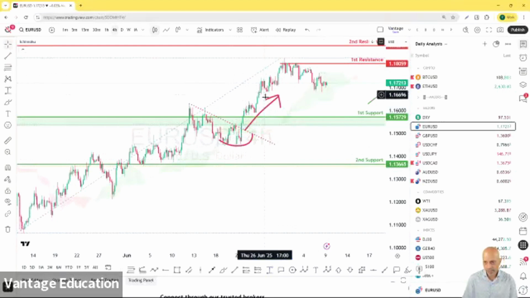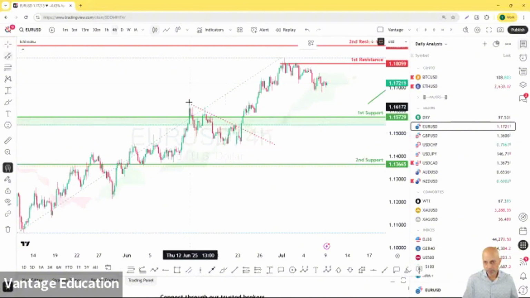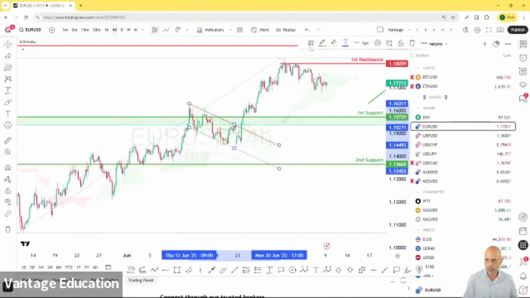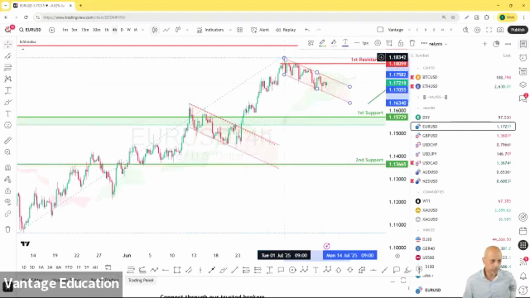So in a similar fashion to what we have at the present moment, we can spot a nice descending trend line here, or in fact, it's almost like a downward channel. This was a nice downward channel, something similar to what is currently being built for the euro since 1st of July.